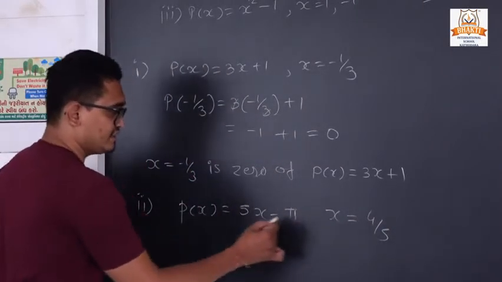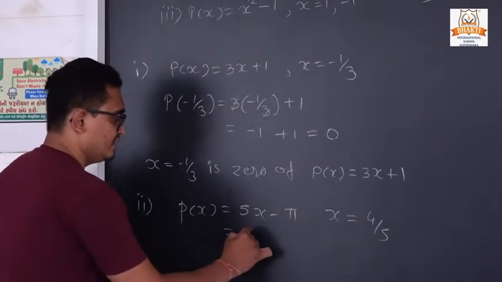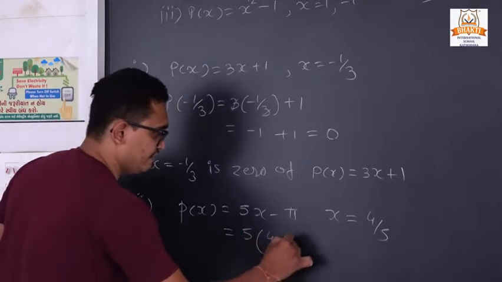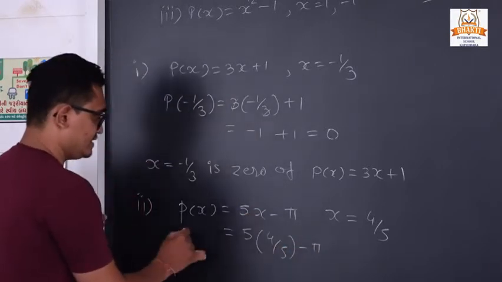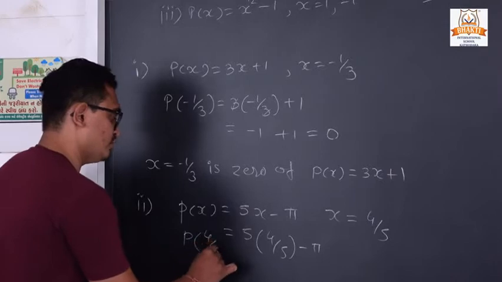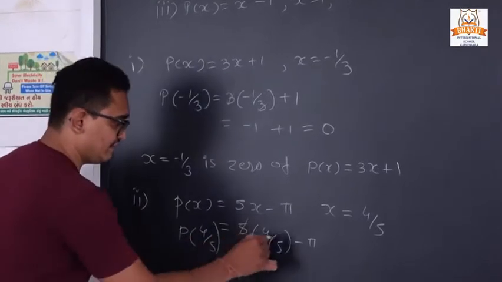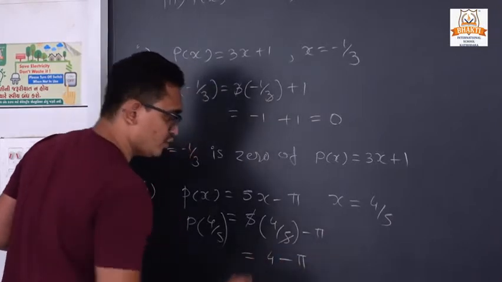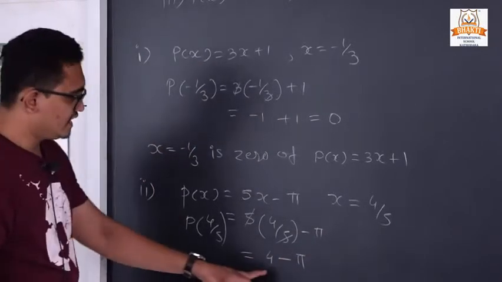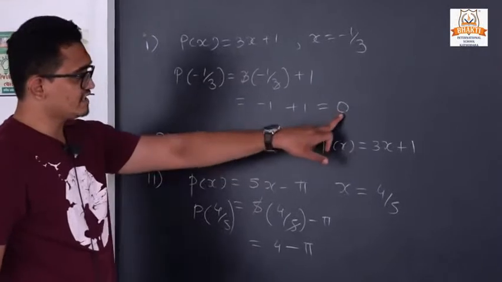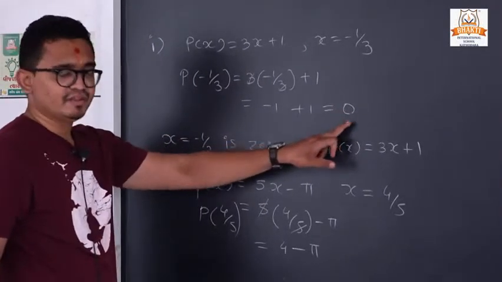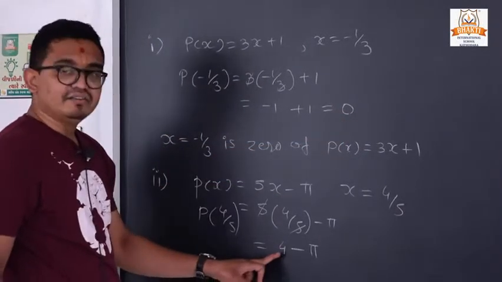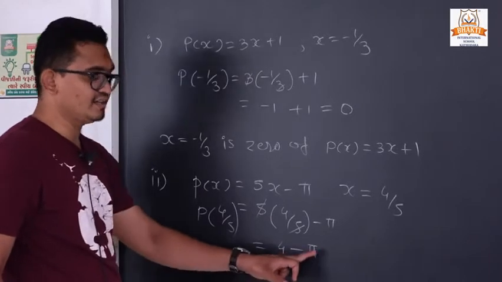Similarly, in this second example, we put x replaced with 4 by 5. So 5 cancels. What is our answer? 4 minus pi. In the first example we can get 0, but in the second example we have the value 4 minus pi.